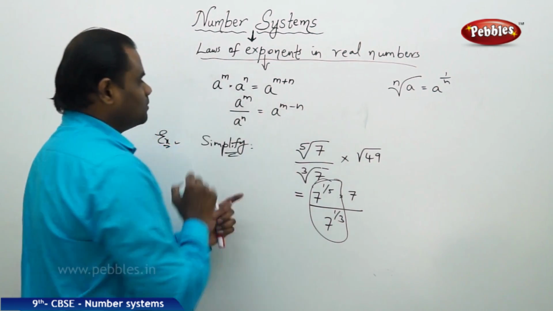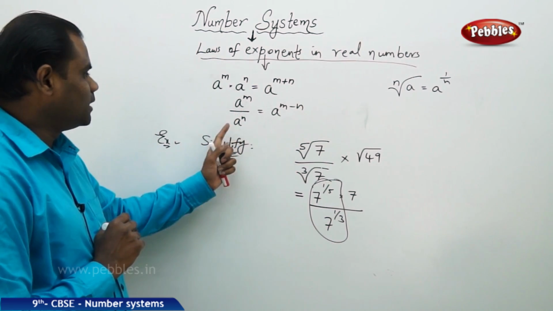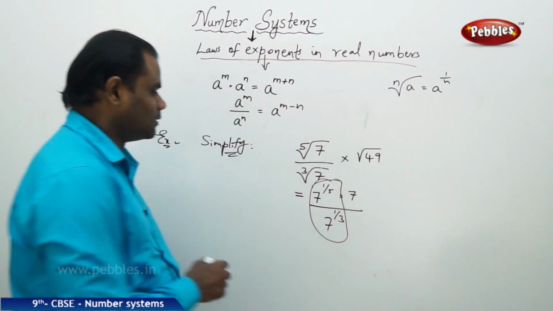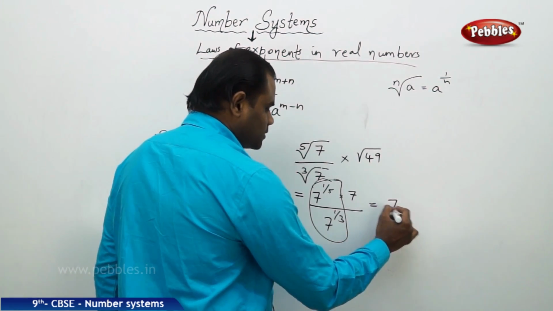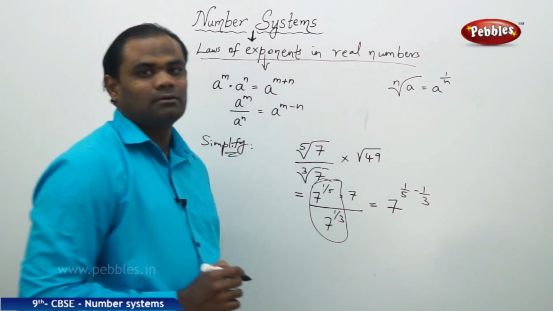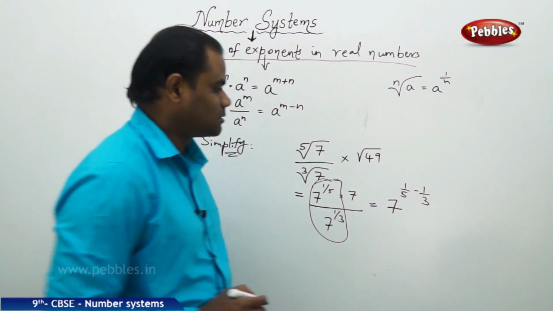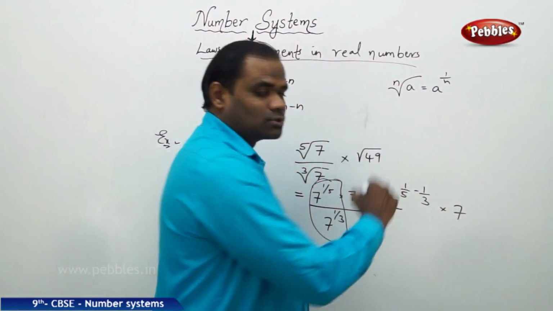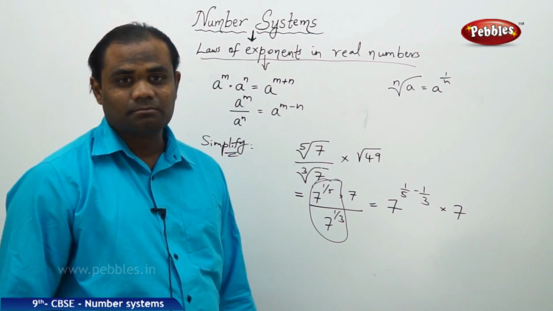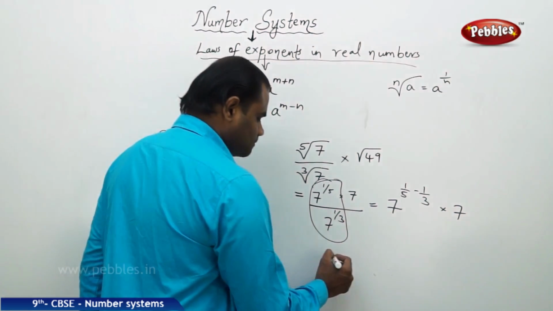Now I clearly see that this satisfies property number 2, that is a power m by a power n is a power m minus n. So replacing a by 7, I get the second law of index, a power m minus n, times 7, never to be forgotten. And here I get this by further simplifying through LCM.